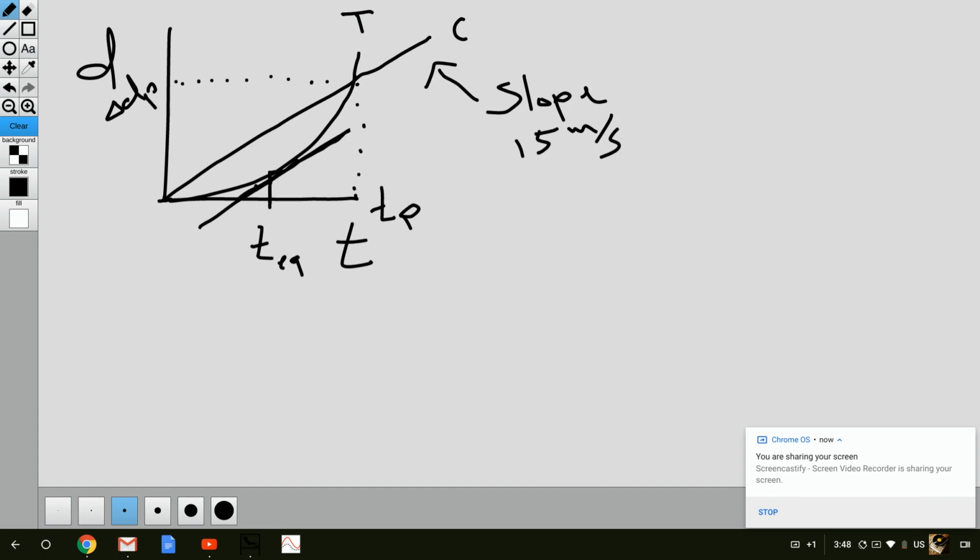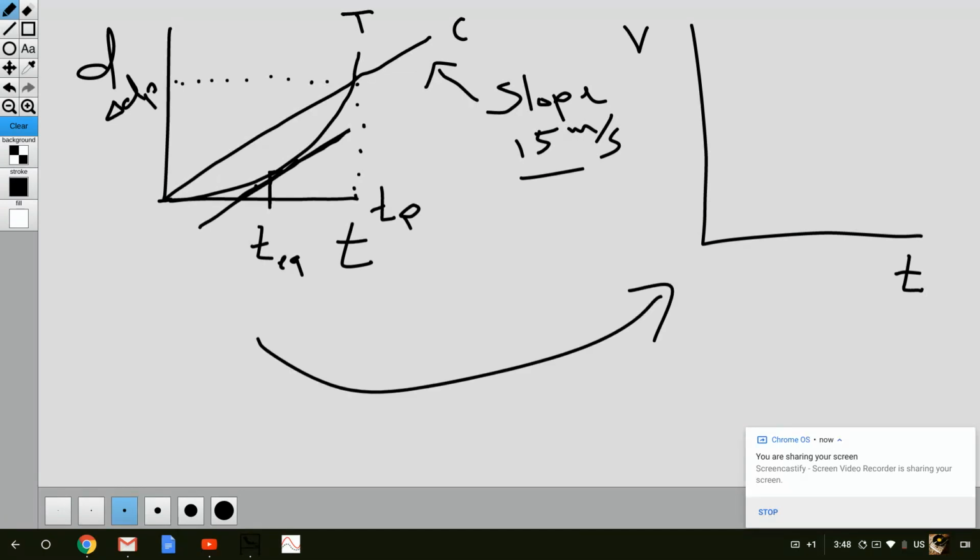Now, let's say we want to do the V versus T for the same thing. Now, let's draw the car first. The car has a constant slope of 15 meters per second. Remember, to get from D versus T to V versus T, the slope equals the Y value.